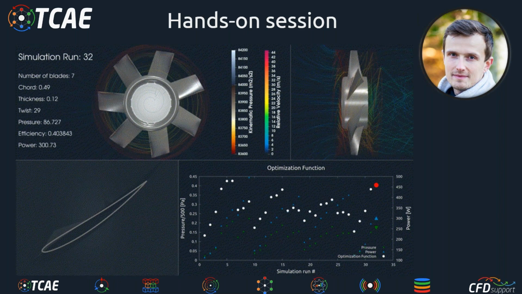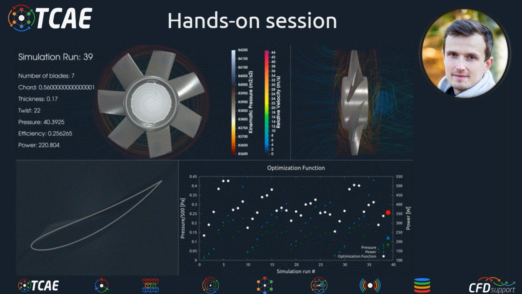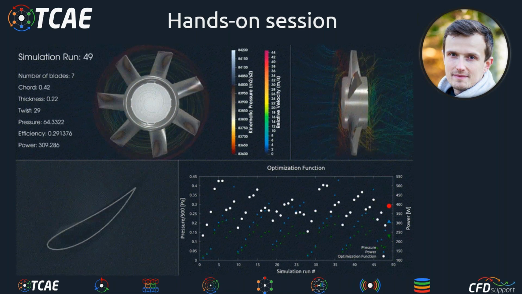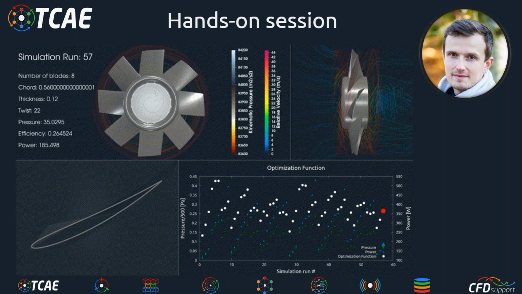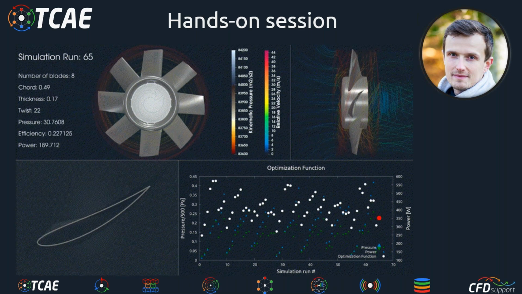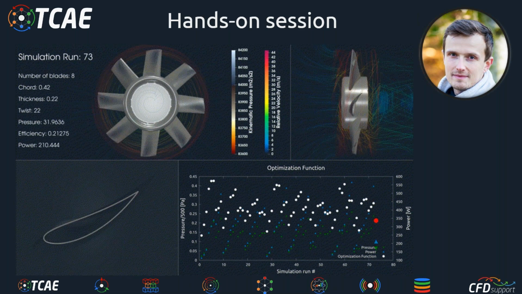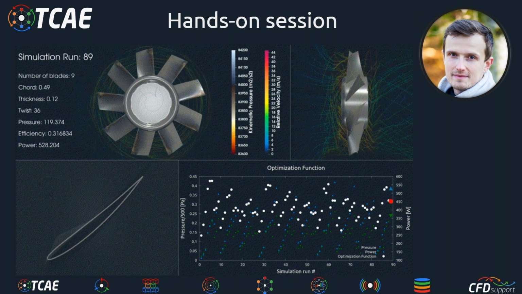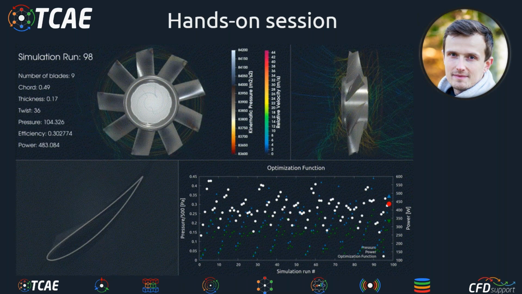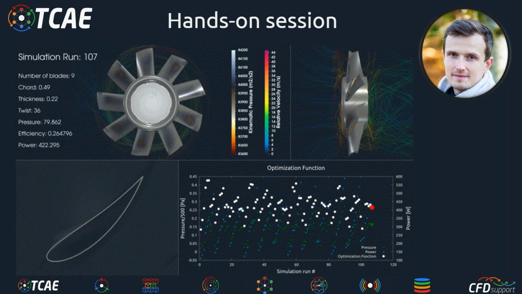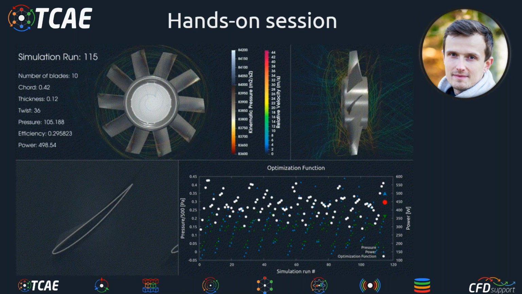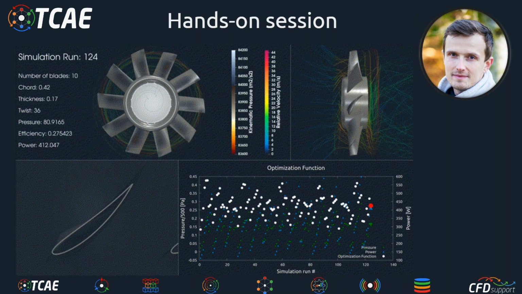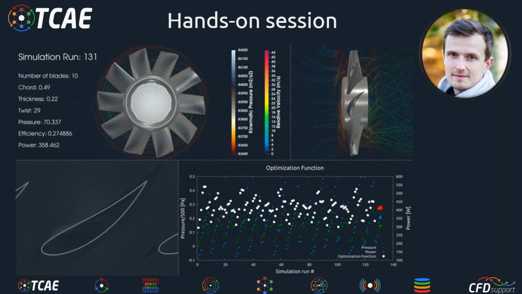The same goes for the followed quantities. We know that for fans, pressure is important. The power consumption, of course, is important. And finally, we have chosen efficiency as the optimization function, the objective function. Again, it's absolutely customizable. You can choose any quantity or any formula.